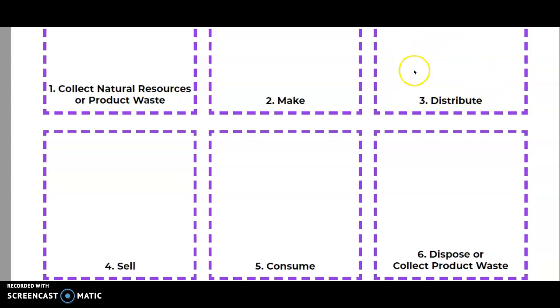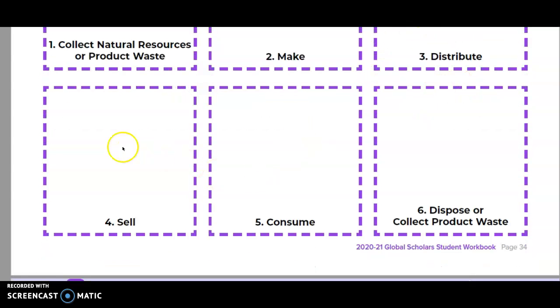How they distribute that product, how that product is sold, where, for example, if they sell it in a supermarket or if they sell it in an electronics store, or where, yes? How we consume that product, and then what happens with that product when it is no longer useful.